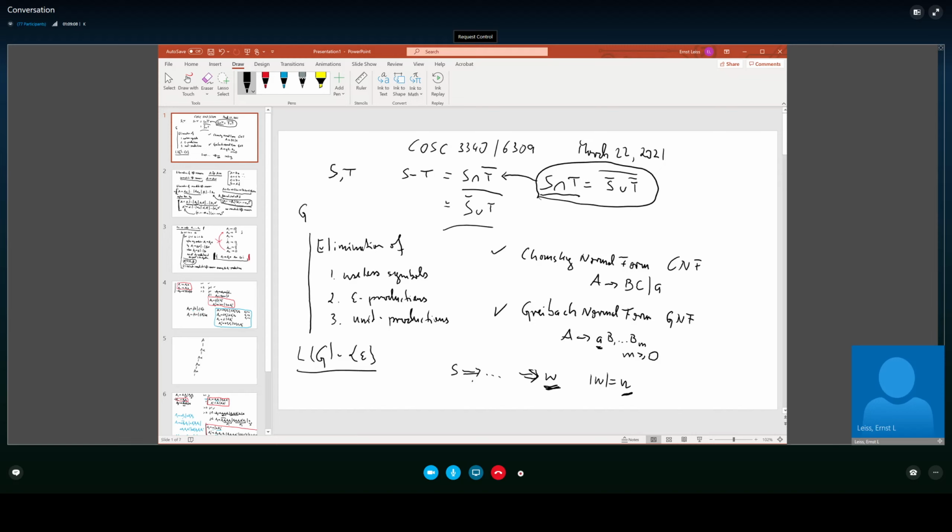That is of particular interest when we want to generate a type of automaton that accepts context-free languages. These are called push-down automata. And they are essentially finite automata with an additional storage device, a stack. We'll get to that probably after the exam.